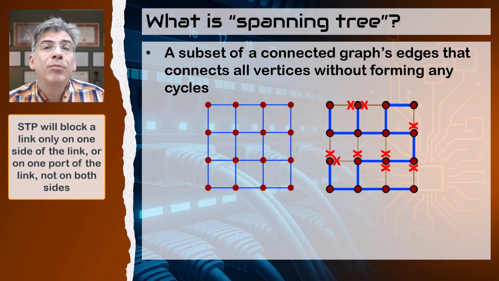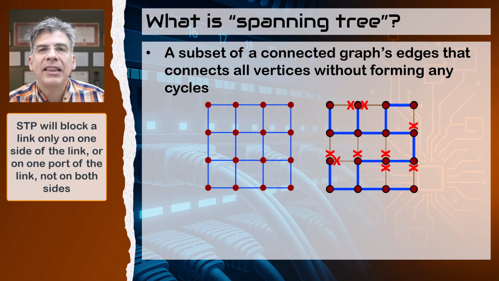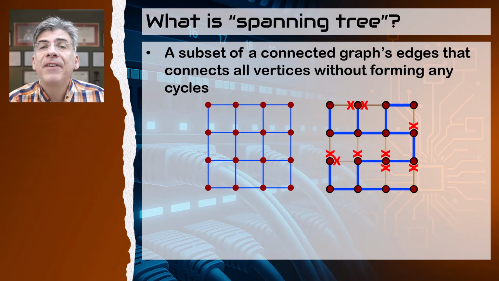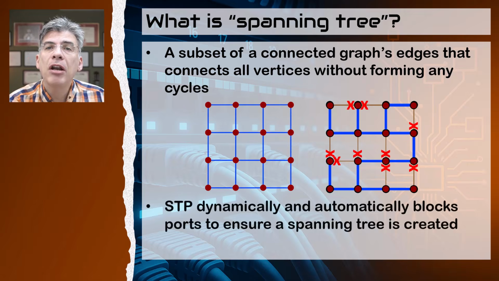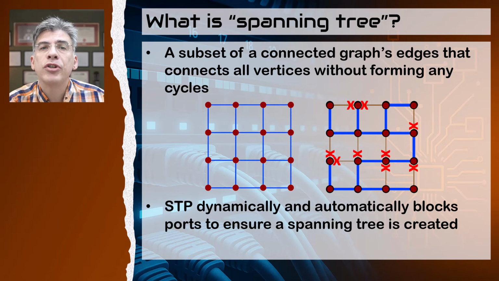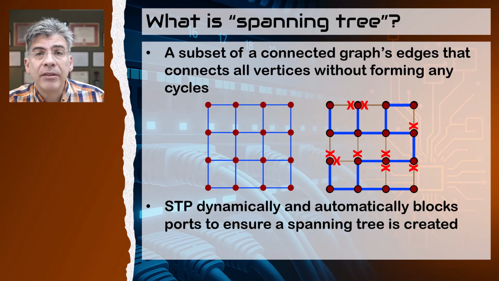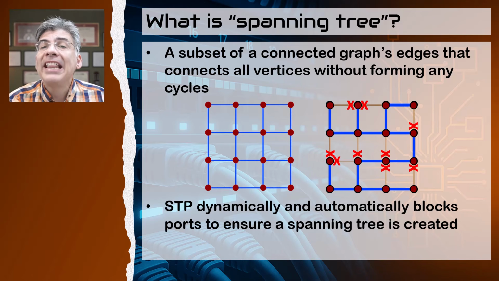So you don't need to block both ends or both ports connected to that link. That's fundamentally what STP does. It dynamically and automatically blocks ports to ensure that a spanning tree is created within the grid or within the interconnected switches. And that spanning tree, by definition, has no loops.